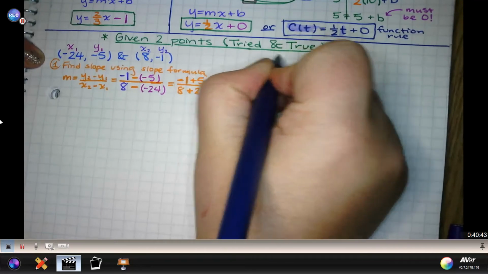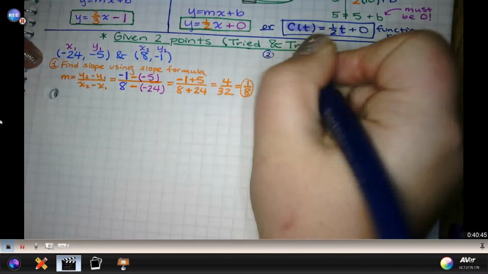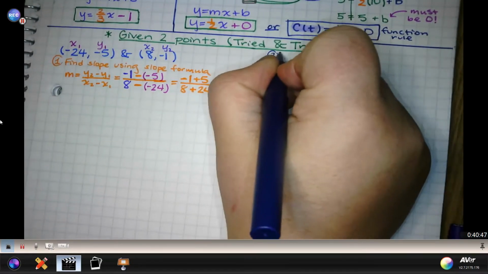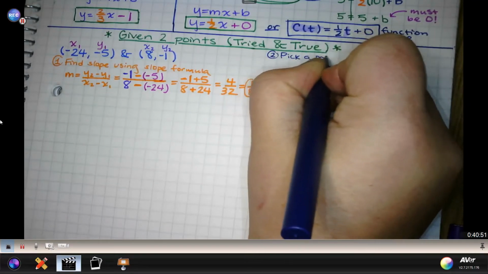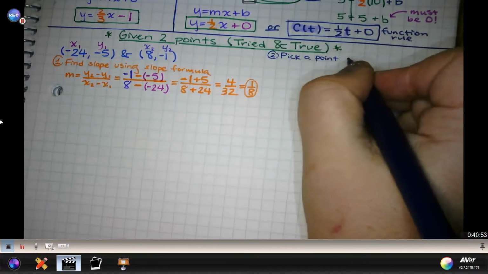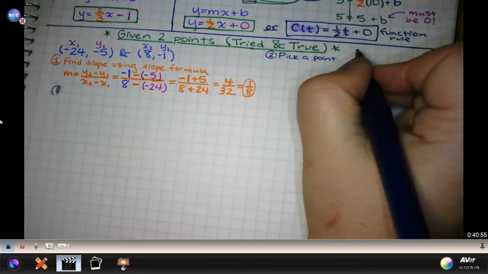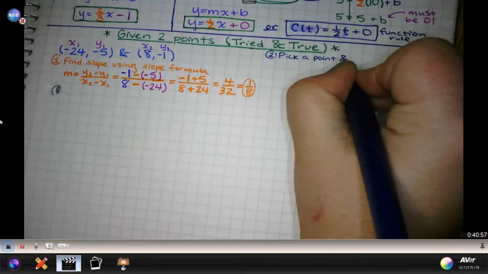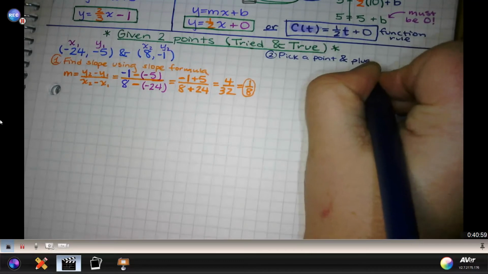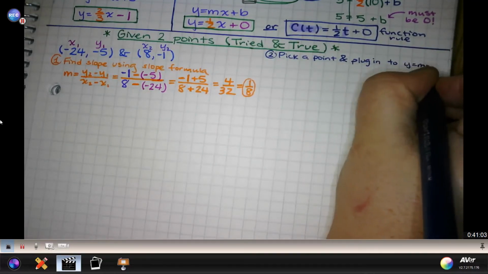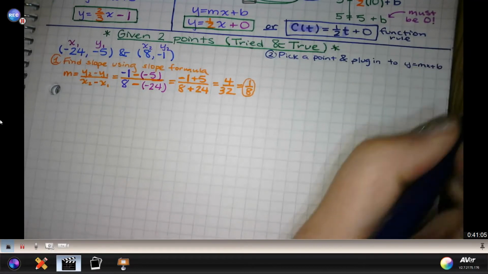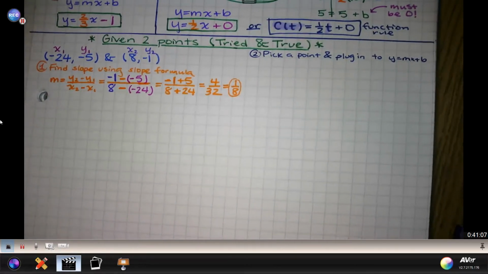Number 2 is going to be to pick a point and plug into y equals mx plus b.